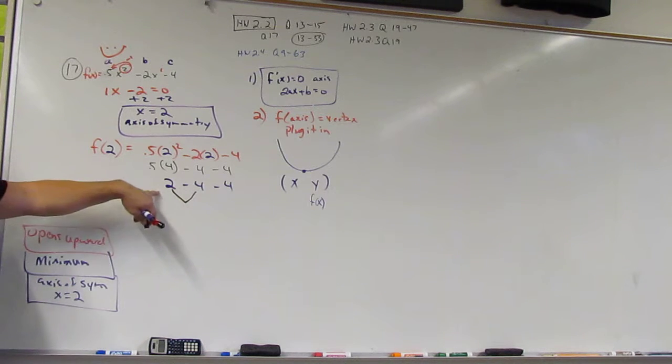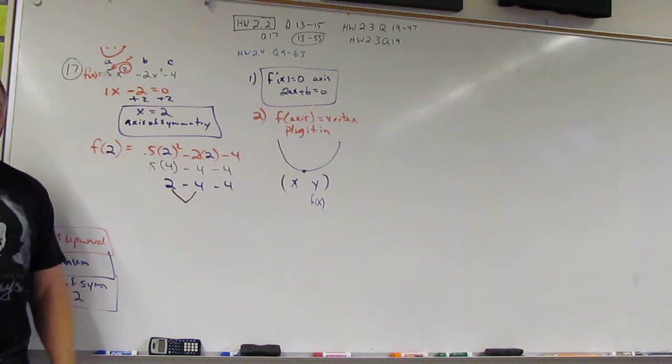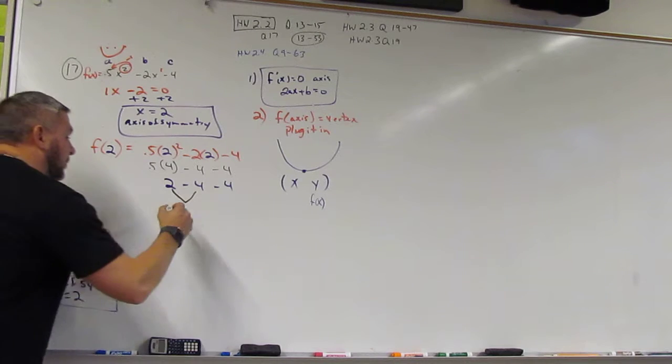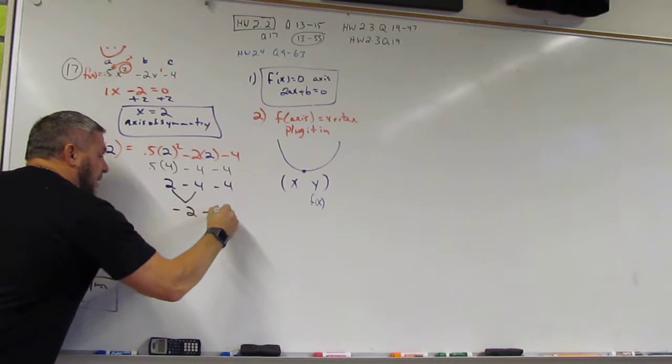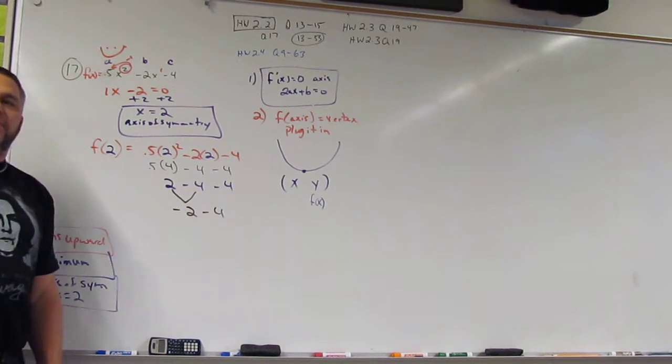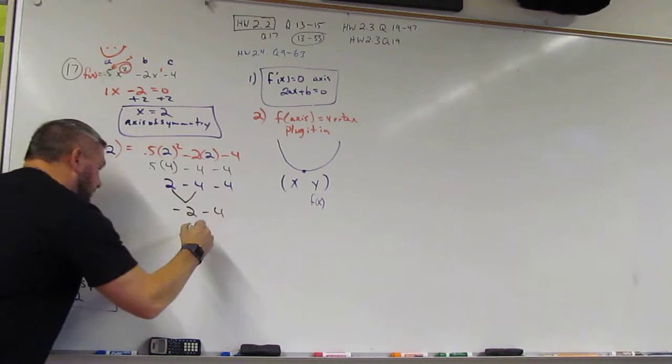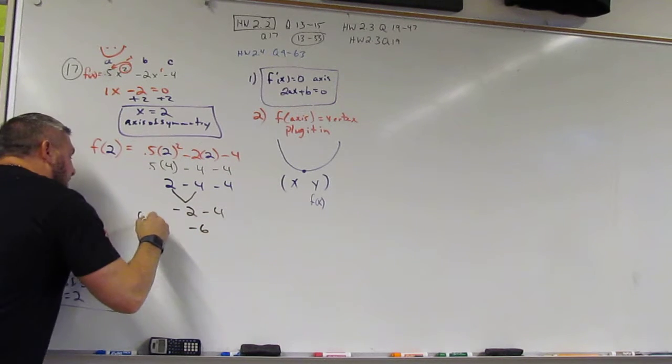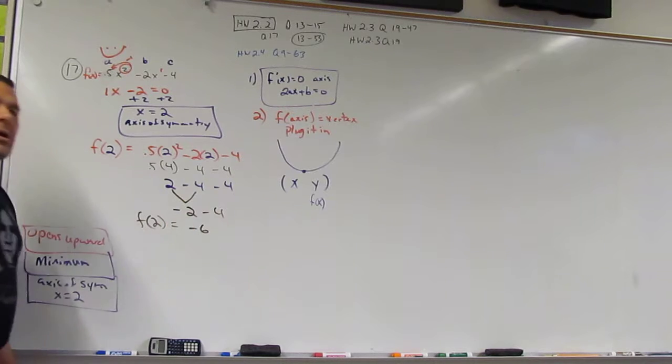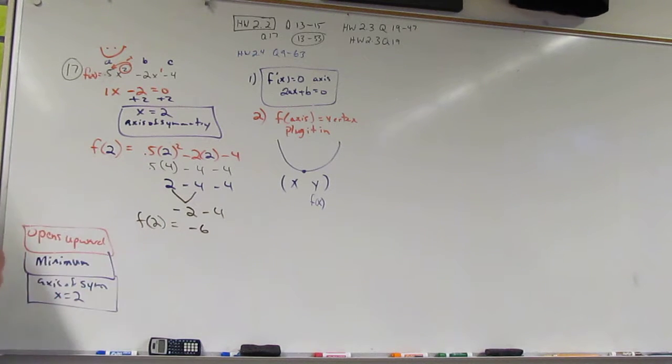Okay, so then what's 2 minus 4? Negative 2. Okay, and then we got -2 minus 4, which is -6. So at f of 2, it equals -6. And this is the reason why we use f of x.